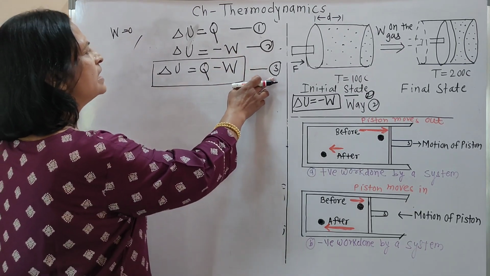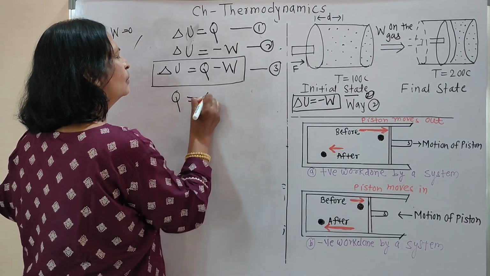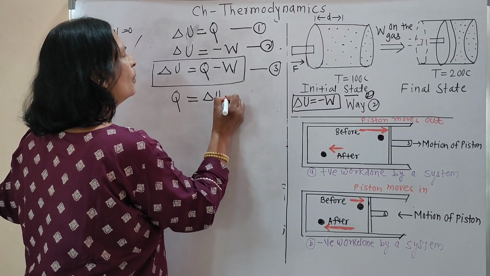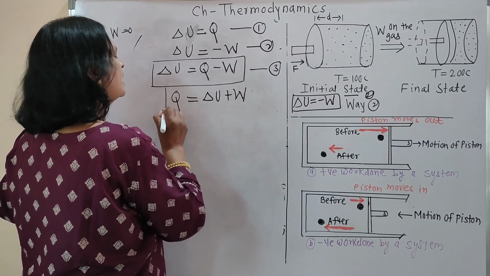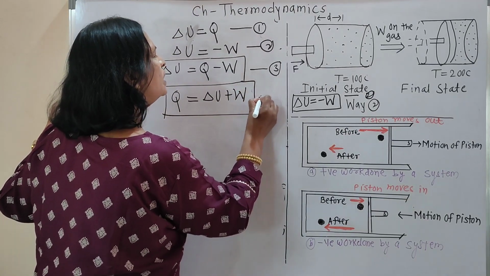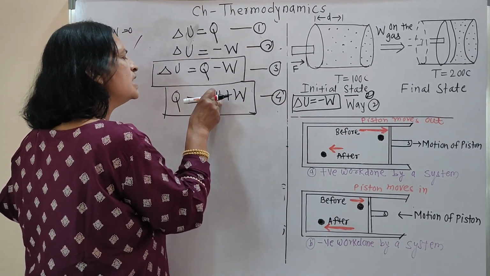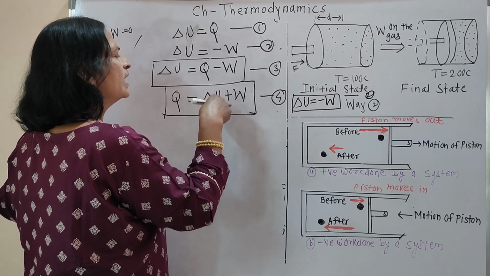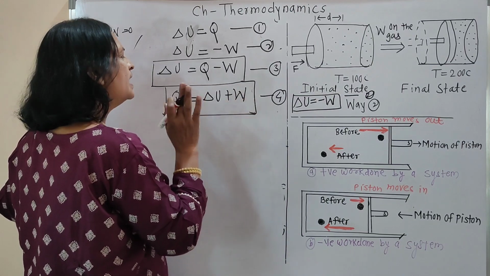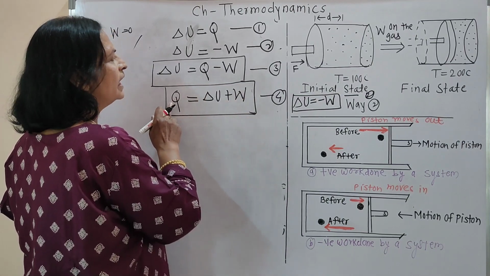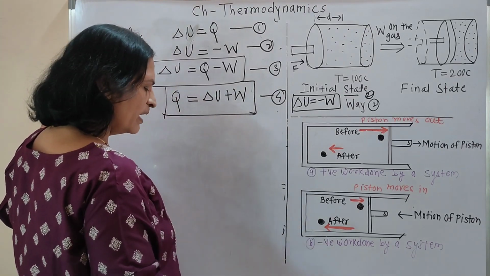We can write this equation in a different form: Q equals delta U plus W. It means the heat supplied to the system is equal to the change in internal energy, and the remaining is spent on the work done by the system. And this is the alternative statement of the first law of thermodynamics.